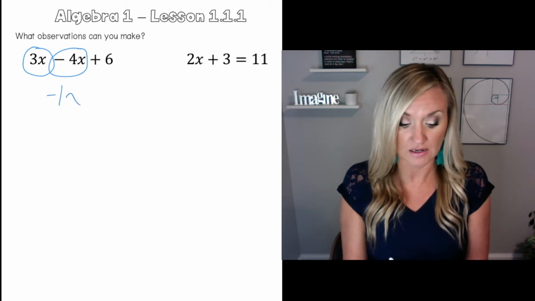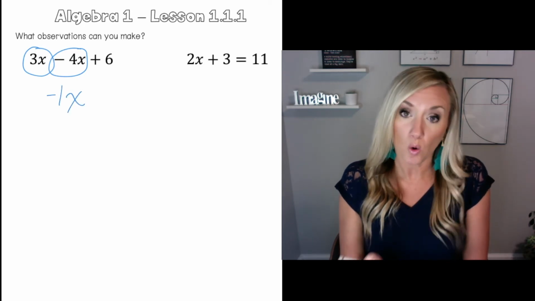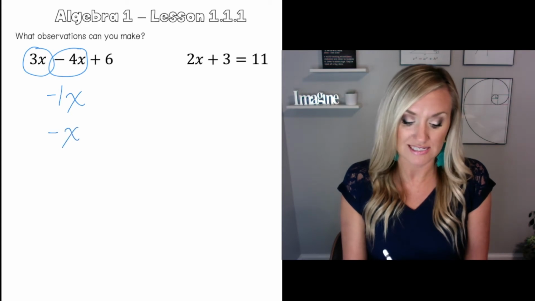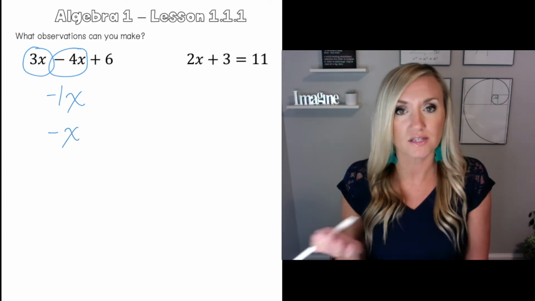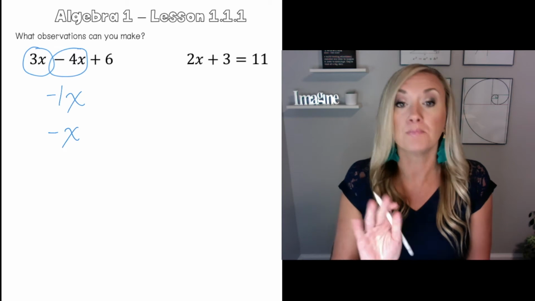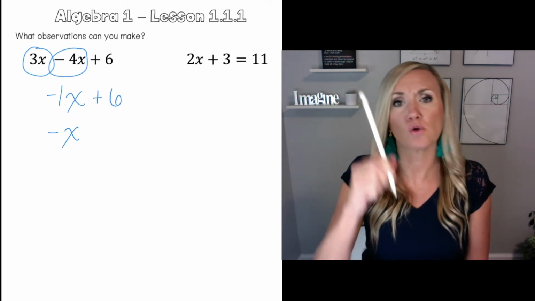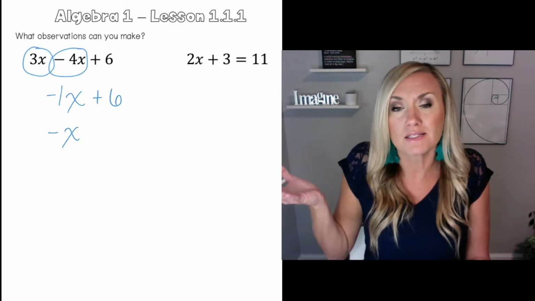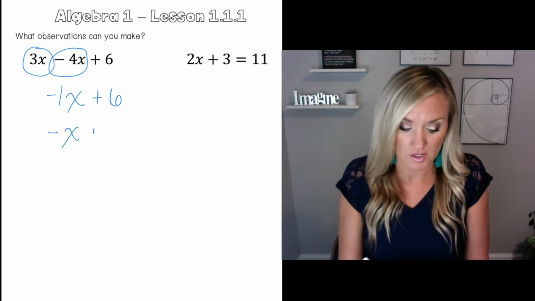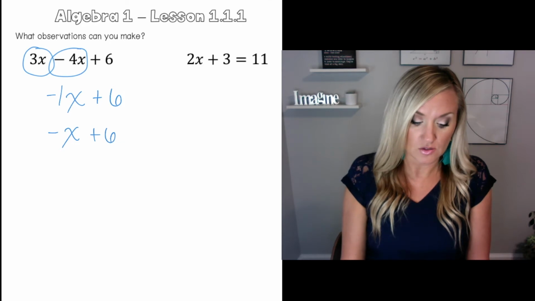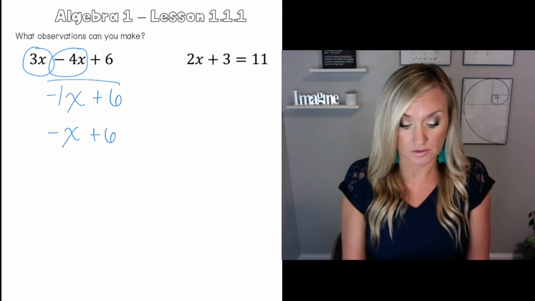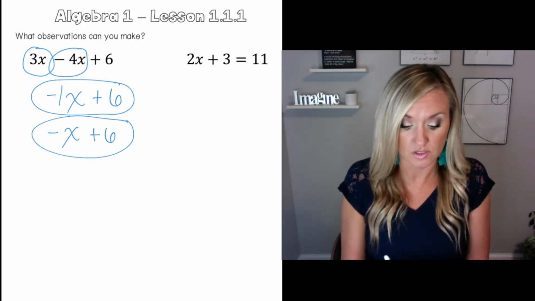So it's going to be negative 1x. Or you can just say that it is negative x, because 1 times x is x. But both of them are acceptable for right now, okay? And then plus 6. We are just going to drop down the plus 6 because there are no other terms. So plus 6. And the cool thing is that both of these are correct. This one is correct. This one is correct.